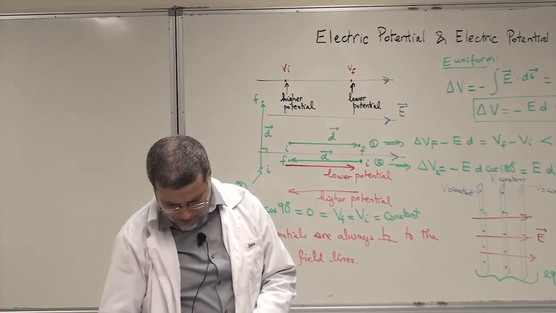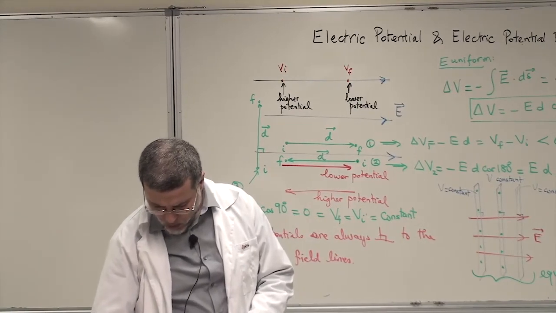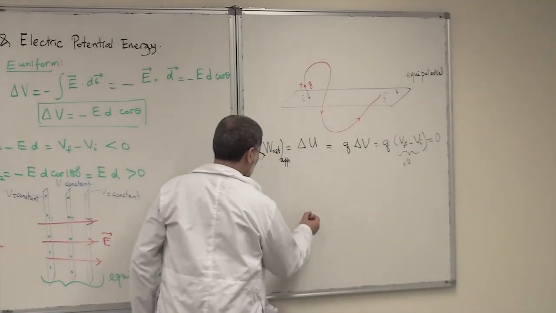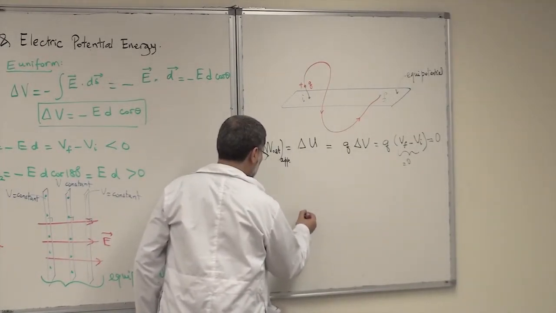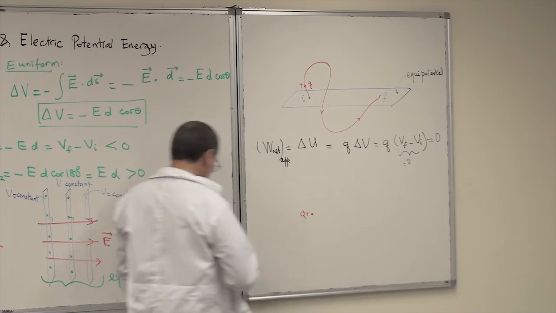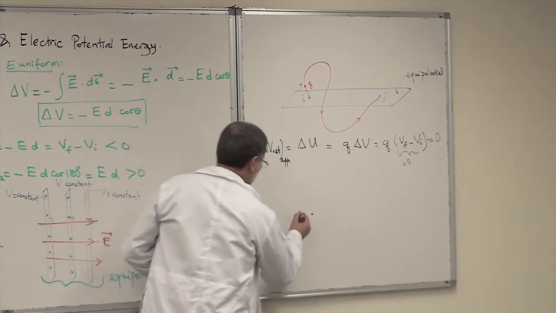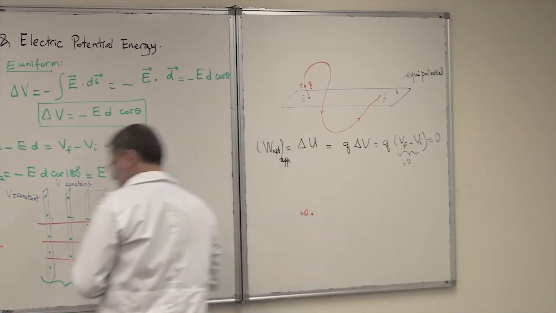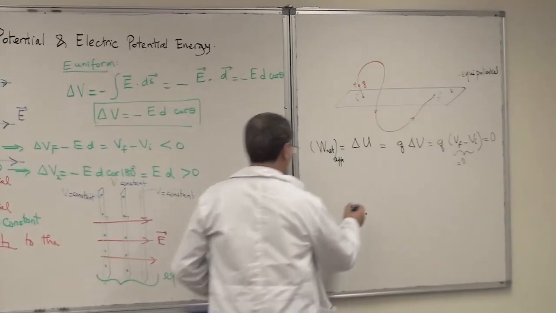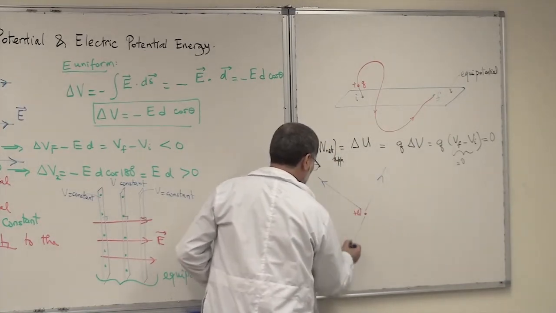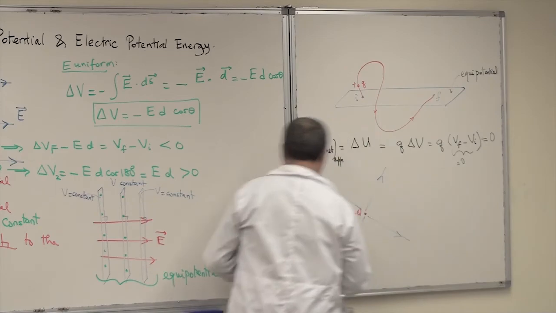Now let me show you the equipotentials when you have a positive point charge. If you have a point charge plus Q, you know that the electric field lines in this case are radially outward. Let's now draw the equipotentials.